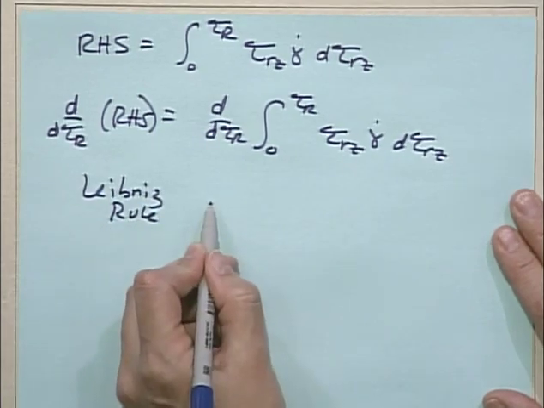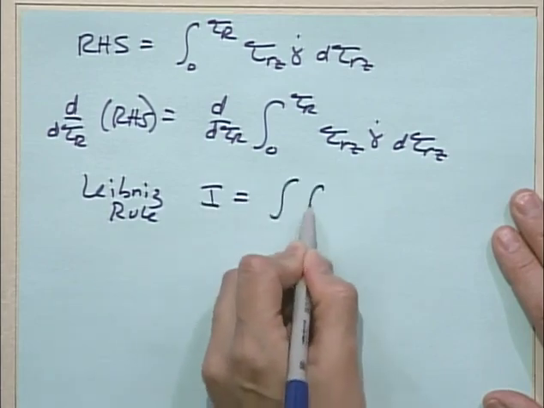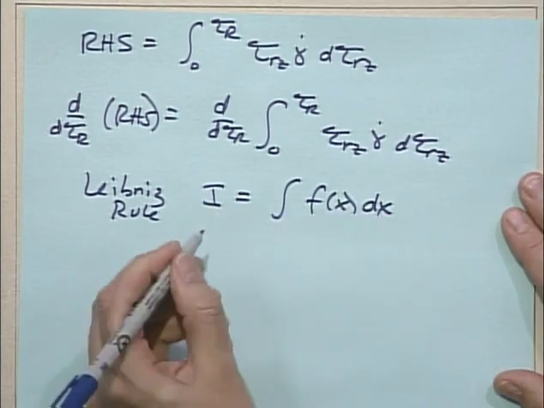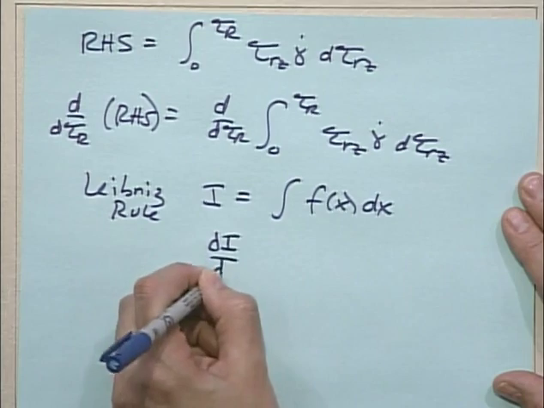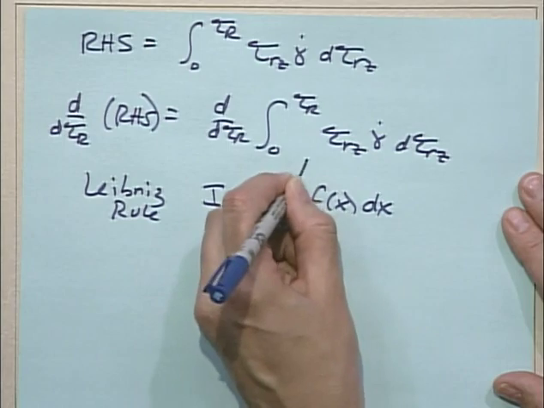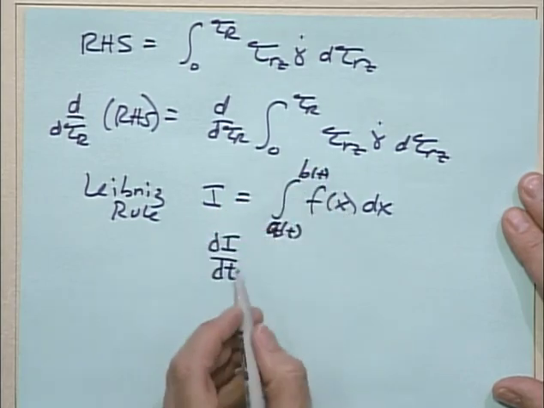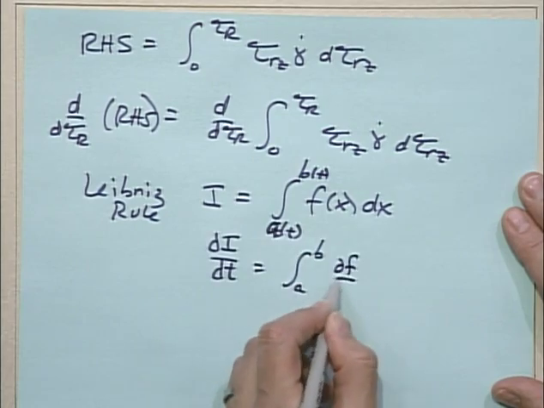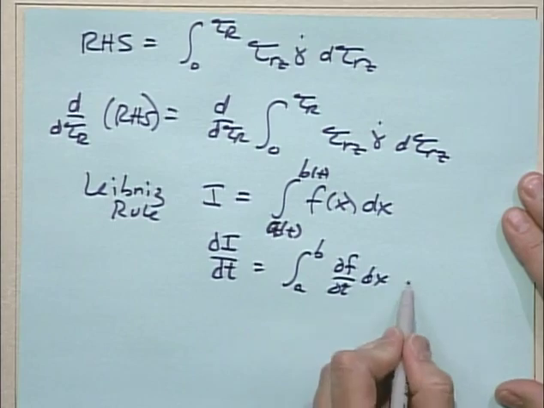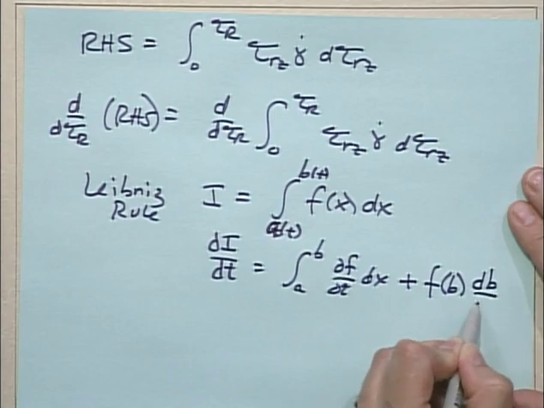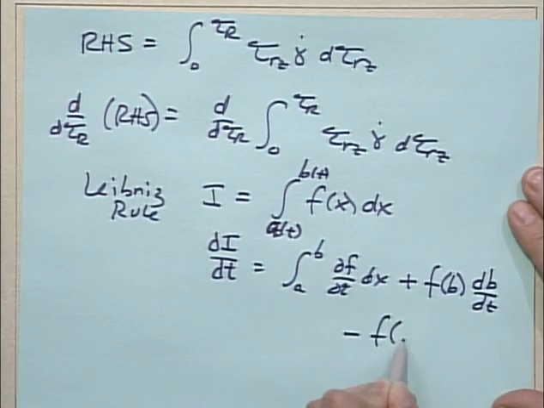For example, if I have the integral of f of x dx with limits a of t, b of t, and I want to take the t derivative, it says take the derivative inside, plus the function evaluated at the upper limit times the derivative of the upper limit, minus the function evaluated at the lower limit times the derivative of the lower limit.